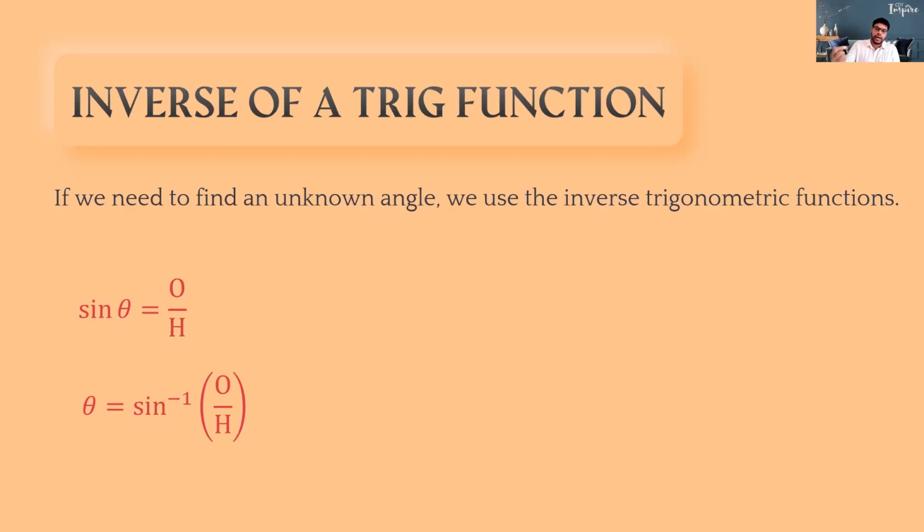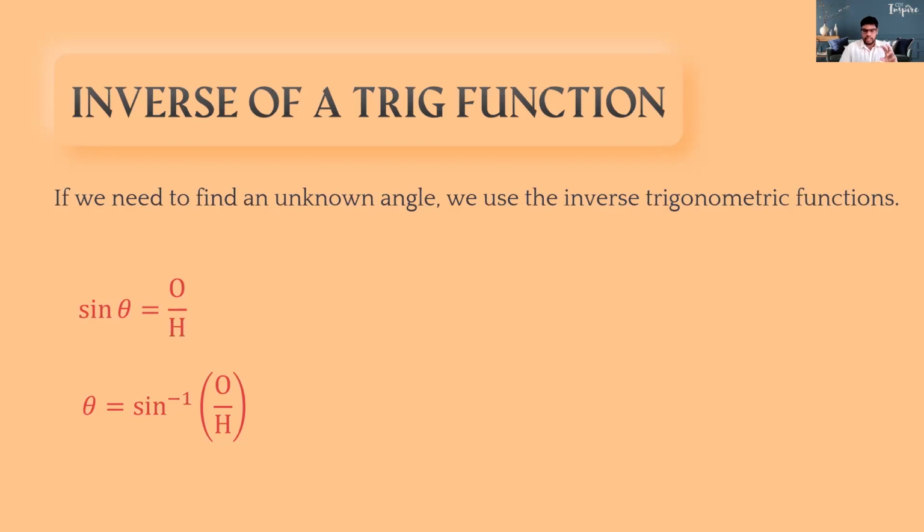Like a power, you write a minus 1 as a tiny superscript on top. That means sine inverse of opposite over hypotenuse. When you use the sine inverse function, it is the inverse function that will give you the angle. All right. So I will show you examples of how this is done.